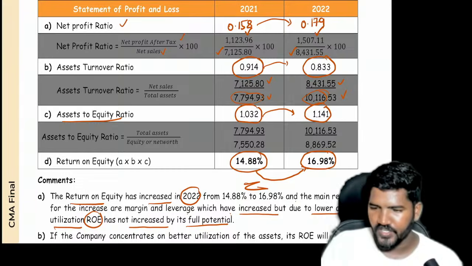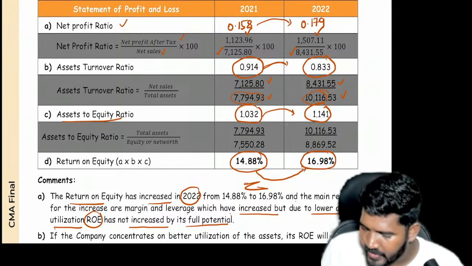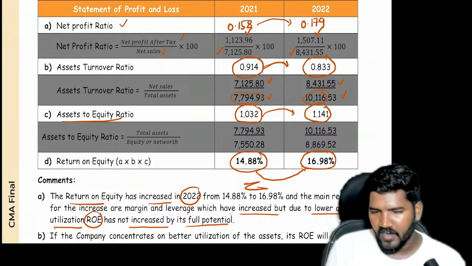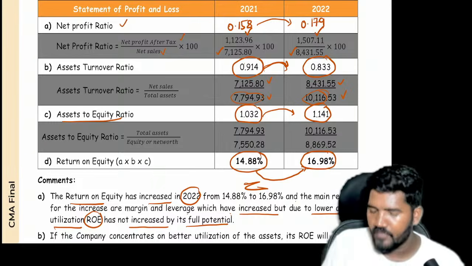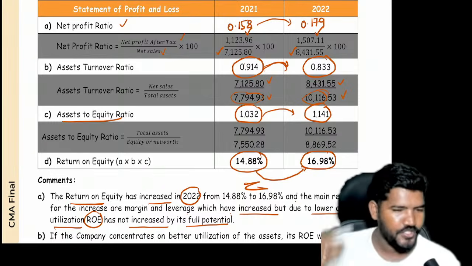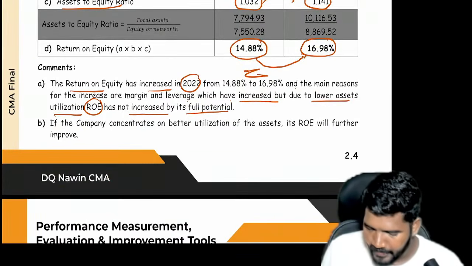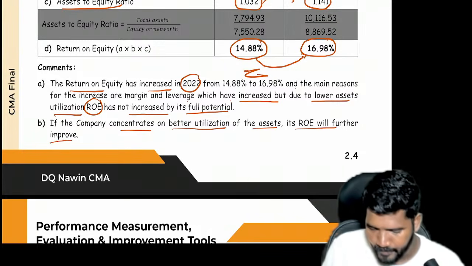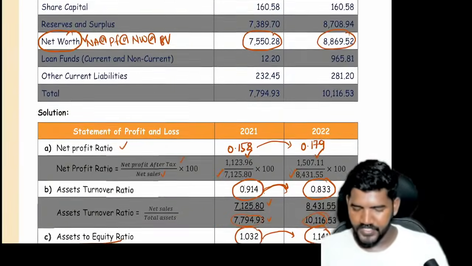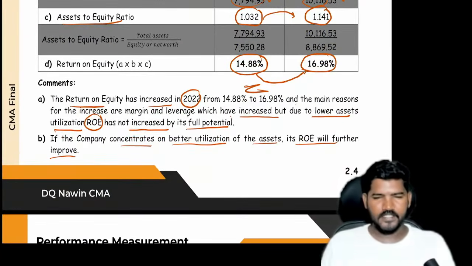So due to this increase, our return on equity increased. Due to lower utilization, the increase in return on equity is not that much. If that also increases, our return on equity would also increase, with more potential. If the company concentrates on better utilization of the assets, its return on equity will further improve. So calculation and this comment, you will get 7 marks.